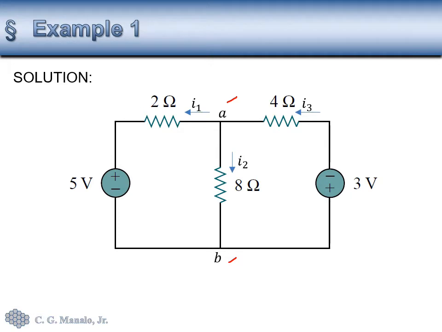Now the direction of the current is simply arbitrary, so we could have made I sub 2 in the upward direction or I sub 3 in the rightward direction. For 5 volts, we don't need to put a current there because the current here is also I sub 1, because 5 is in series with the 2 ohms. Likewise for 3 volts, the current here should be I sub 3.